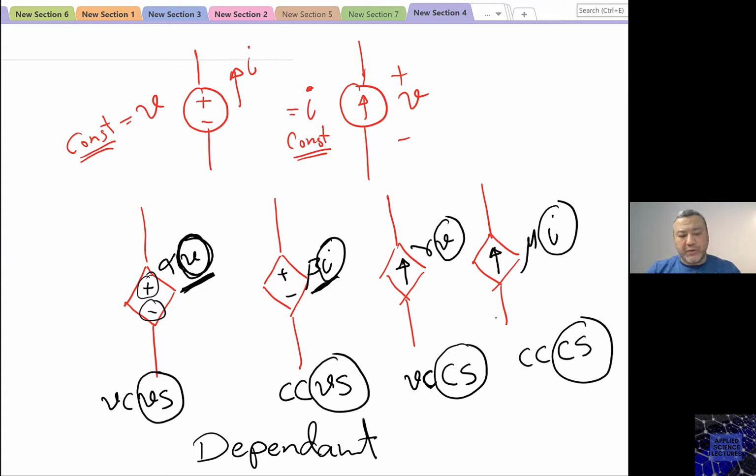2 of them are voltage, and the remaining 2 are current. One of the voltage sources depends on a voltage value, and the second one depends on a current value. Of the remaining 2 dependent current sources, one of them depends on a voltage, and the second one depends on a current. Okay, is this clear?